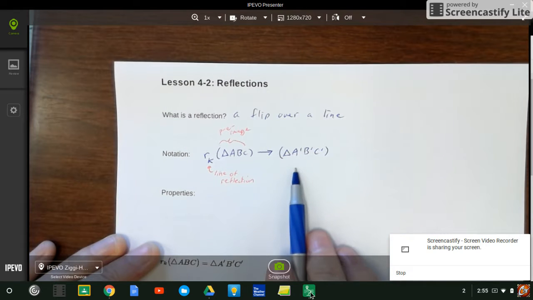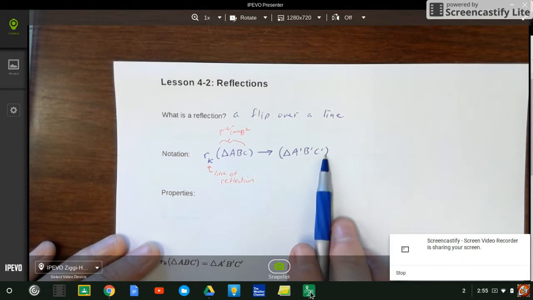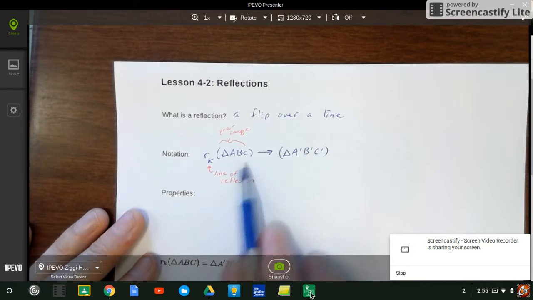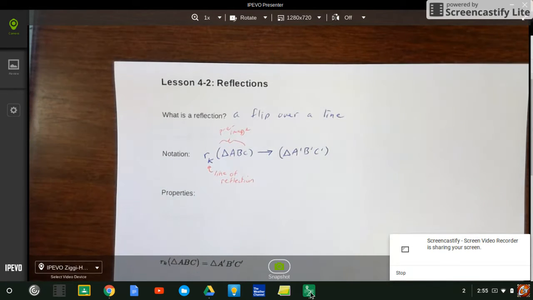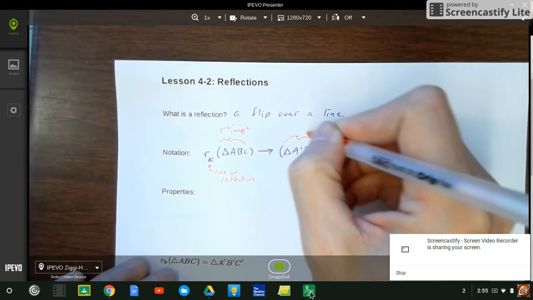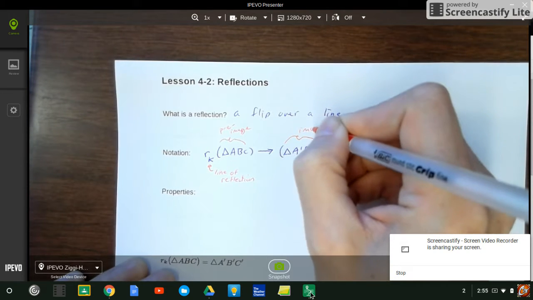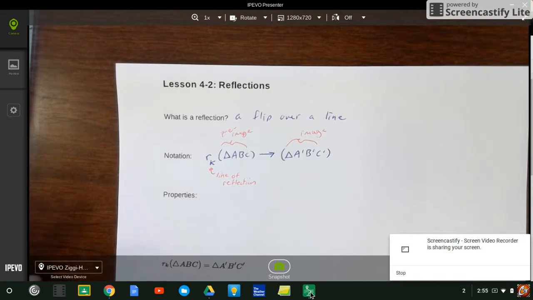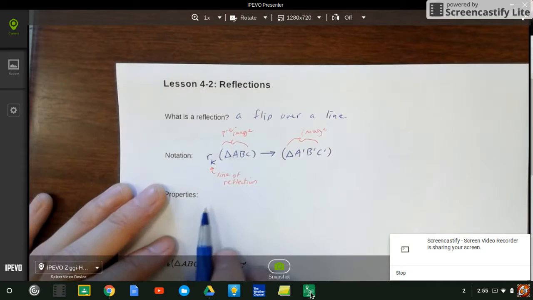You saw me in our intro video use this prime symbol. That just tells me that it's the next generation of this, okay? And we call that the image. So the image is what you get after reflection. Kind of like you stand in front of a mirror, it reflects and shows you an image.